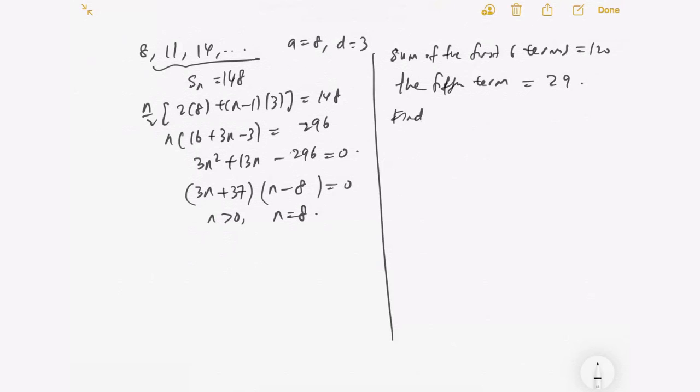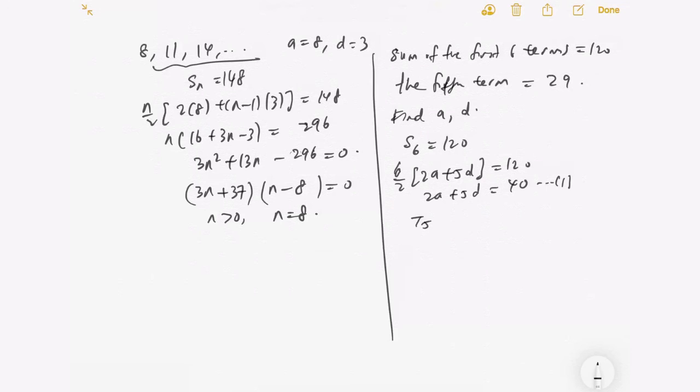Let's say you want to find the first term and the common difference. So here we have to form two equations. As S6 is now 120, n over 2, 2a, n minus 1 is 5, d results in 120. So for me, I'll just take 120 divided by 3, 40, first equation.